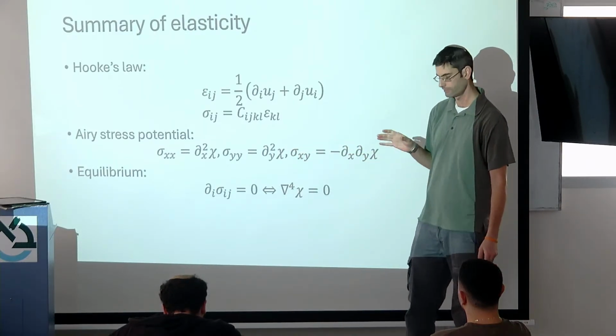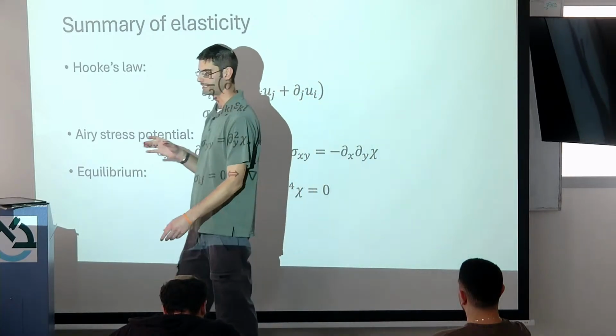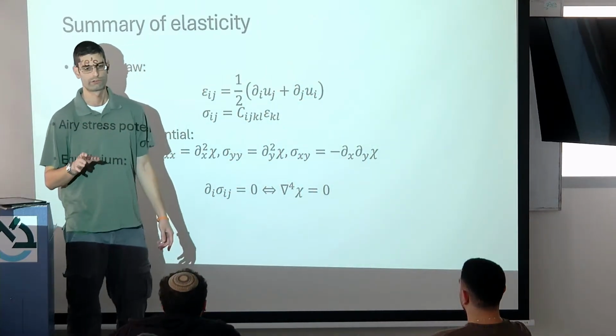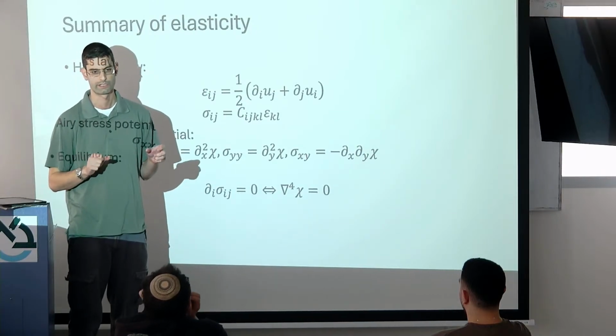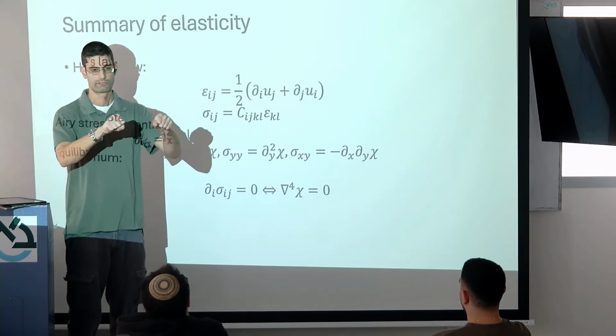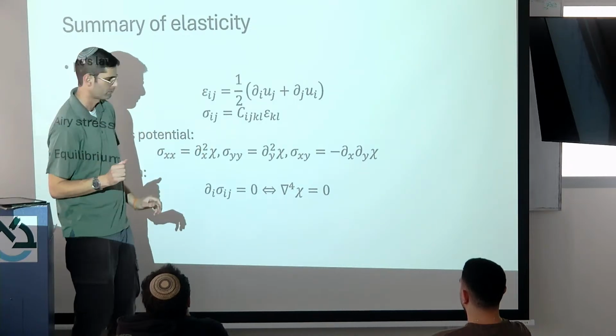Why second derivatives? It has to do with the fact that with elasticity, you always get fourth order equations instead of second order equations like you get in electromagnetism. And this has to do with the fact that you have bending. But we're not going to go into that here.